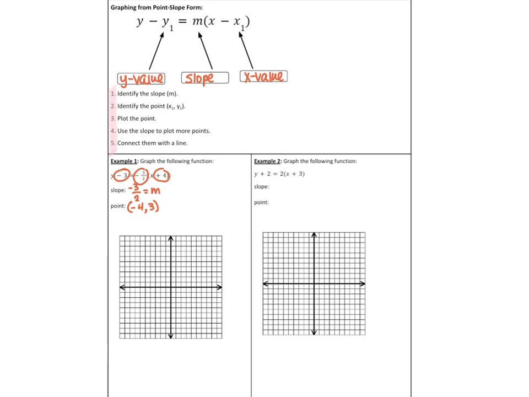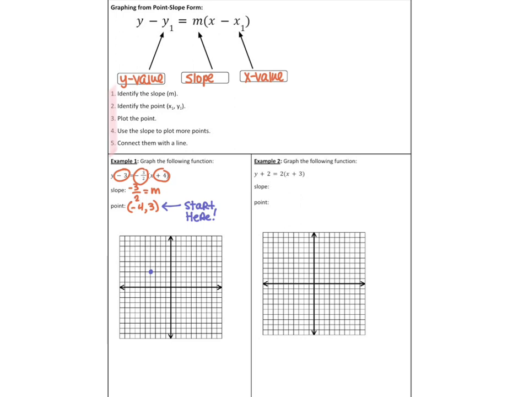Now that we have that, we can plot the point. So start with plotting the point. I'm going to go to my graph and I'm going to plot negative 4, 3, right there. And then from there, I'm going to use my rise over run, my slope, to create another point.